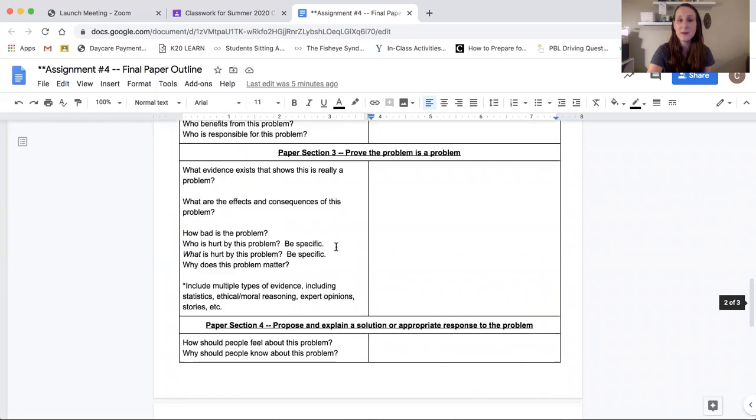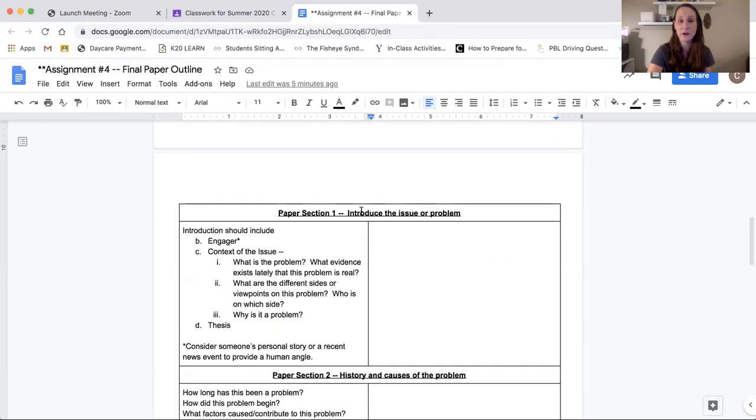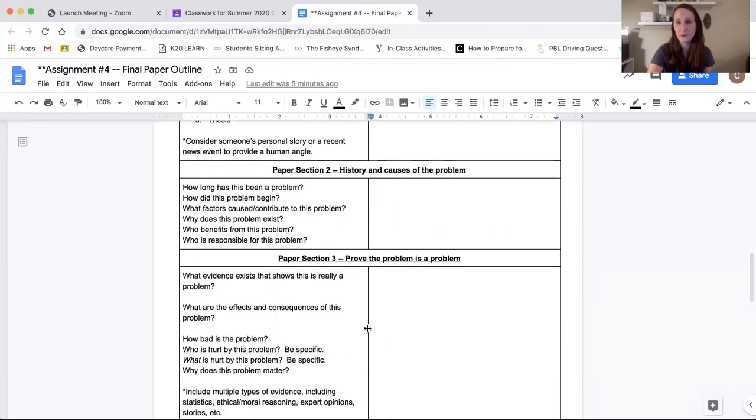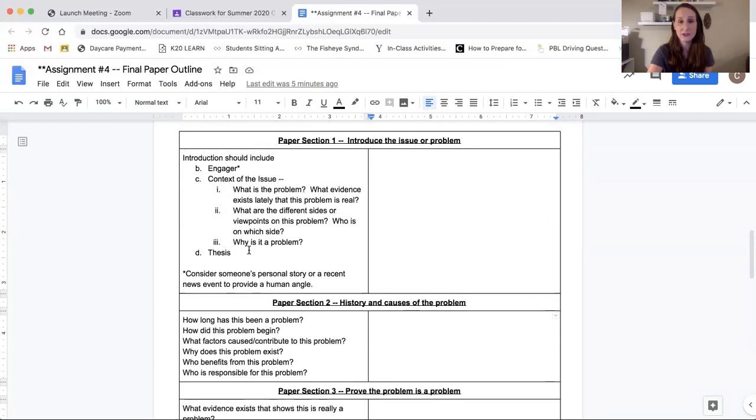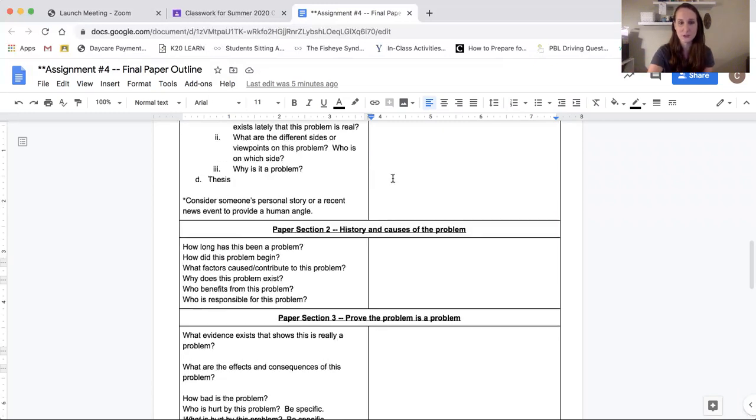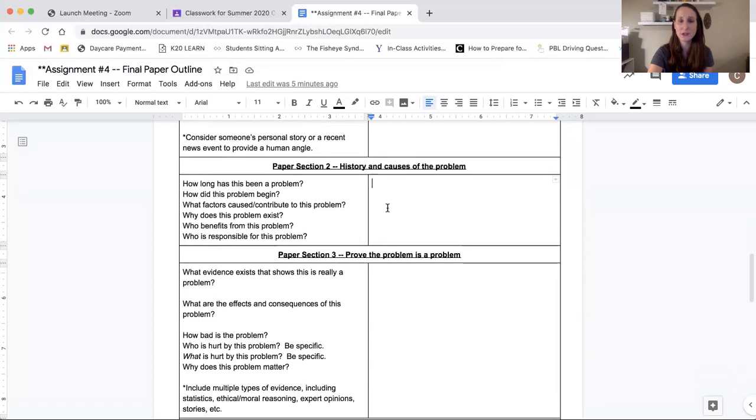So keep in mind that this is not paragraph 1, paragraph 2, paragraph 3, it's sections. And so within these sections, there could be multiple paragraphs. And in fact, most of these sections will have multiple paragraphs. So what I don't want you to do is just see these questions here and write an answer to these questions. So for example, on paper section 2, history and causes of the problem.